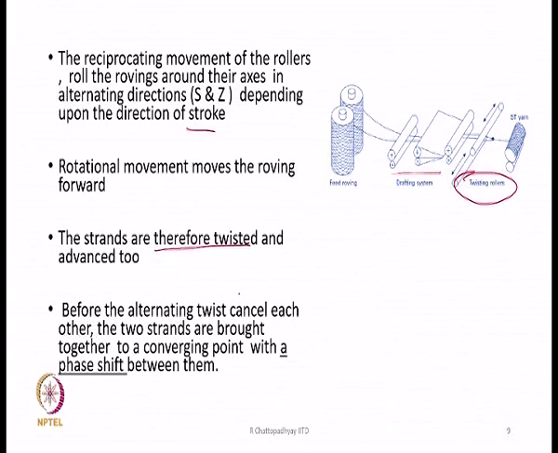Now, as they move forward, both the rovings are made to join at a point. This is the convergence of the 2 rovings. After twisting, they come out from the nip of these two rollers and reach a point that is called the convergence point. Now, when they reach there, we have to create a difference in the path length.